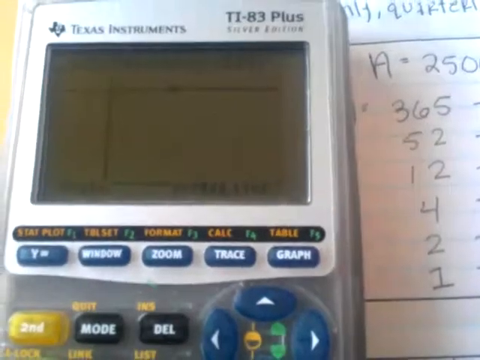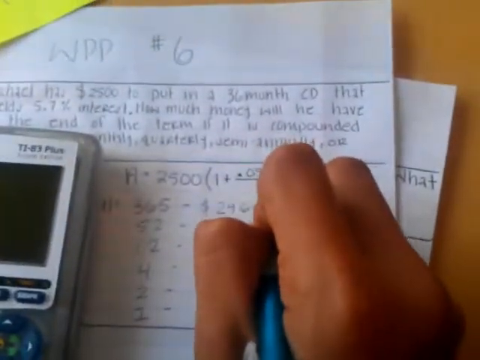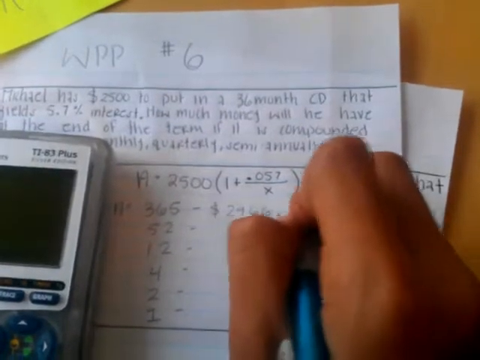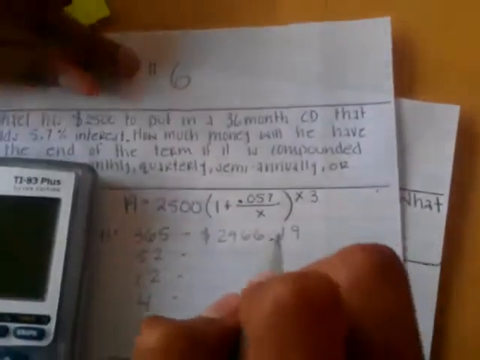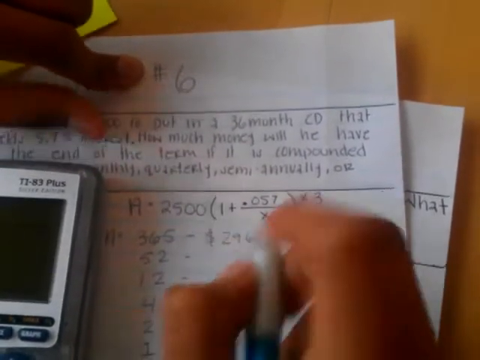So all I do is hit trace, enter 365 into my calculator, hit enter, and I would get 2,966 and 19 cents, because you always round to the nearest hundredth.